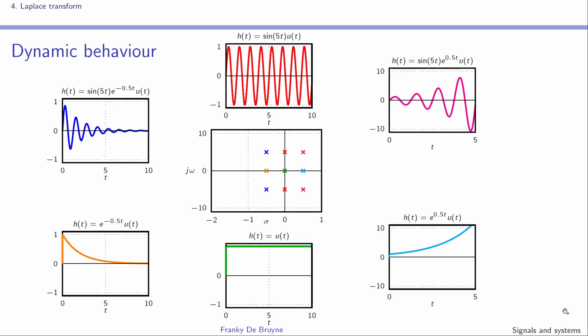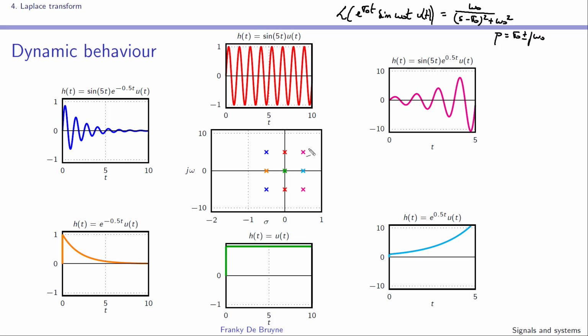Well, the other Laplace transform that we had obtained, right, is this one, e^(sigma 0 t) sine omega 0 t u(t), and we have omega 0 divided by (s minus sigma 0) squared plus omega 0 squared, and here the poles are in sigma 0 plus minus j omega 0.